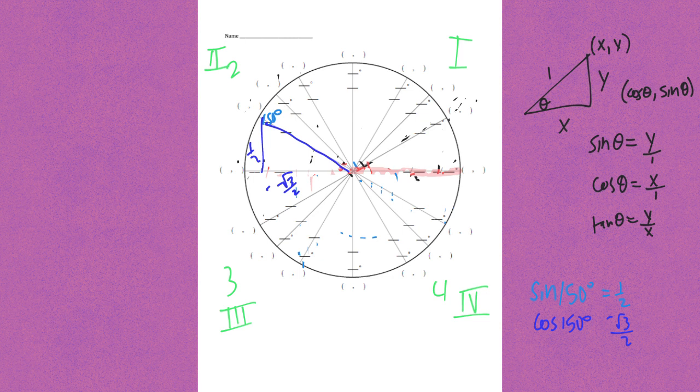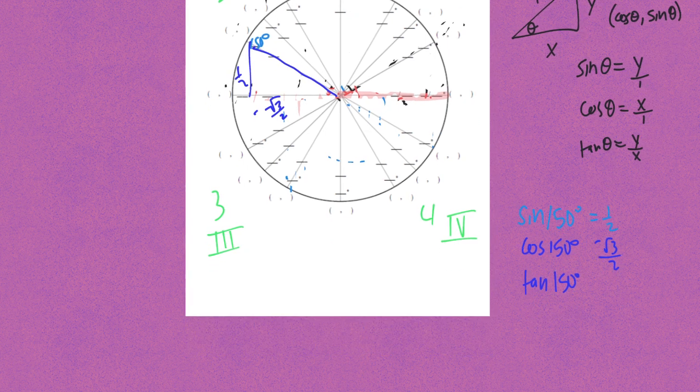What if I ask you what the tangent of 150 degrees is? Remember, you put the y-coordinate over the x. The y-coordinate is 1/2. The x-coordinate is negative square root of 3 over 2. How do you deal with that? Well, a couple days ago, we talked about how to deal with a complex fraction, where there are fractions on fractions.